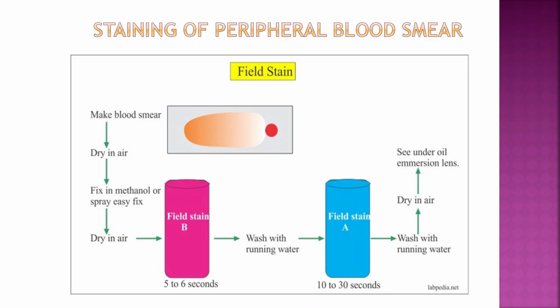Then put the slide into the container containing Field stain A, which is blue in color. Field stain B is pink in color. Field A you have to put for 10 to 30 seconds, then wash, dry, put oil and see under the oil immersion lens. Usually this Field stain is done for the thin smear.